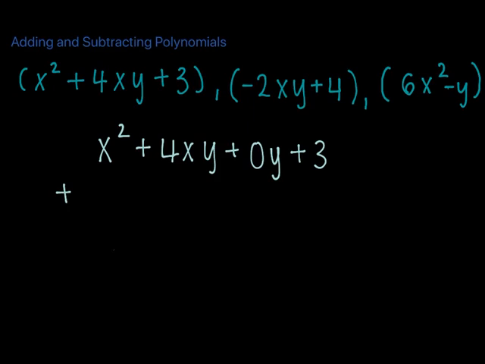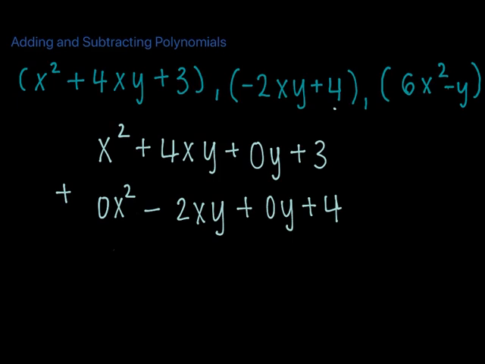So here we don't have an x squared, so we can make it 0x squared plus, it's minus 2xy, no single y variable, so plus 0y, plus 4, and in the last polynomial we have 6x squared, no xy example, so we can write that as 0xy.